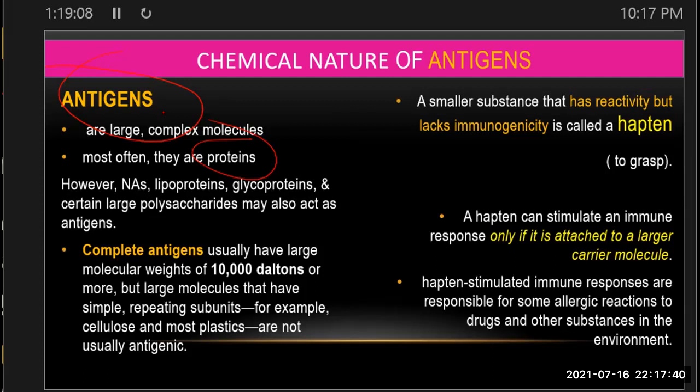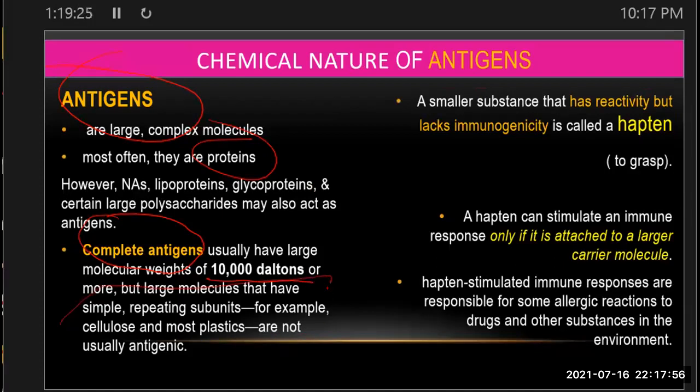We also have the term complete antigens. What do you mean by complete? Because they are really large, with a molecular weight of 10,000 daltons or more. But large molecules that have simple repeating subunits are not antigenic.